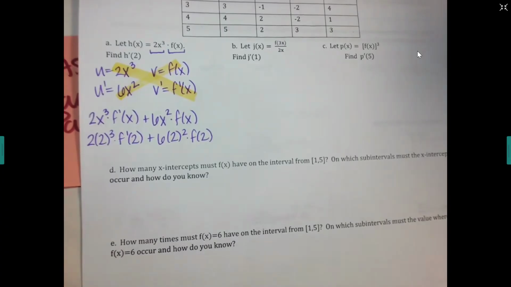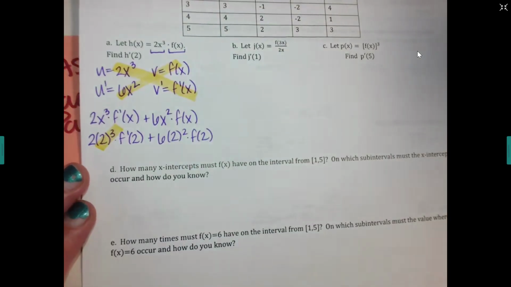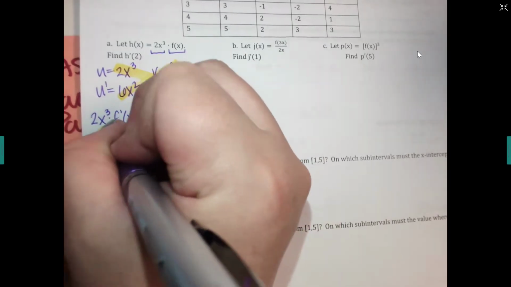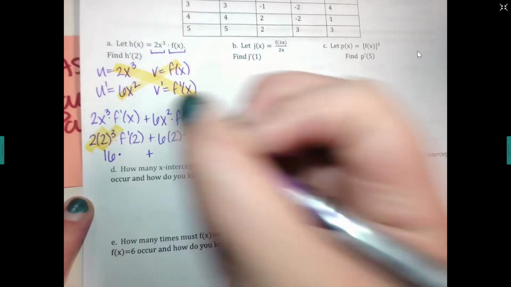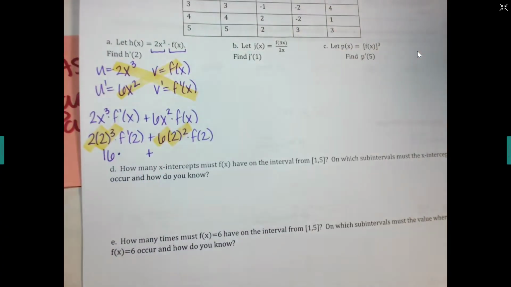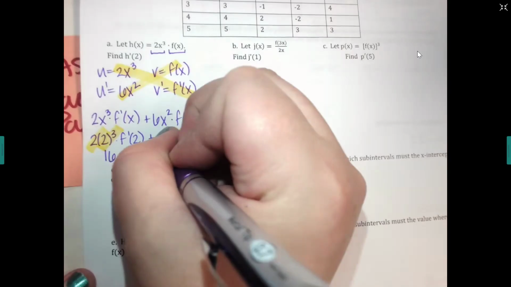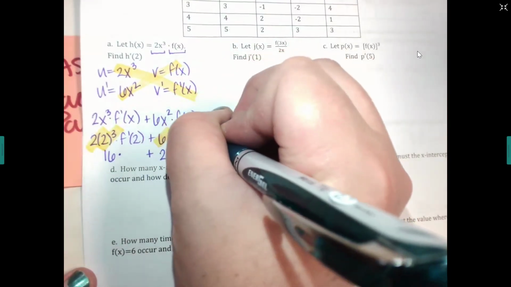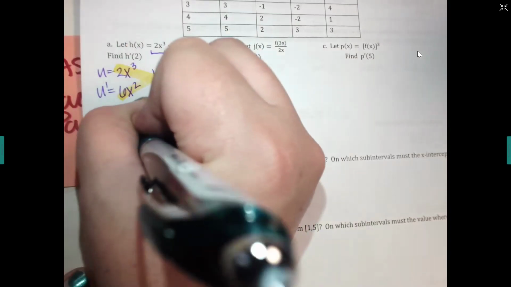So I have a 2 cubed, what's that? 8, and then times it with the extra 2, that would be a 16. I'll come back and find that in a second. Okay, then 2 squared would be 4. 4 times 6 would be 24. And then I need these two numbers. Those are the ones I'll have to pull out of my table.